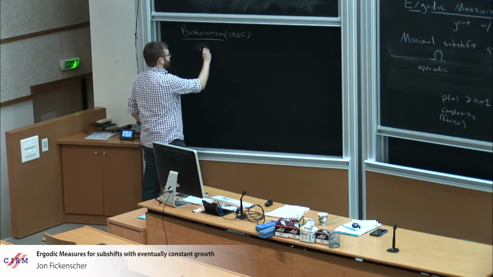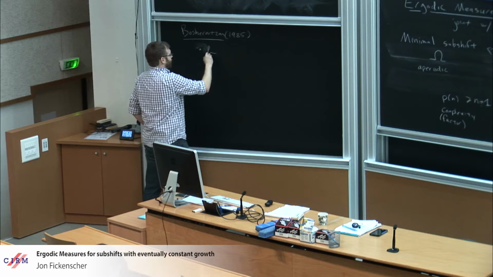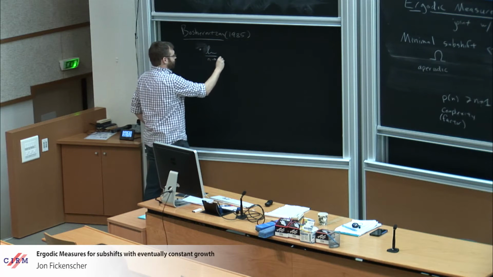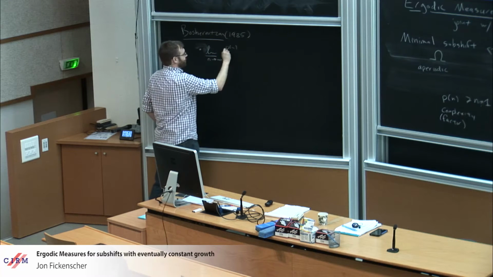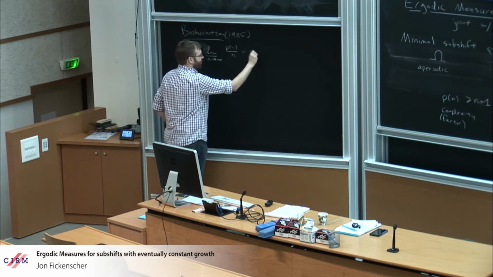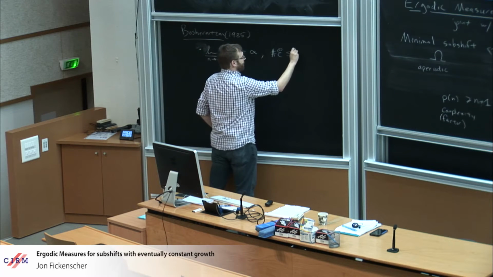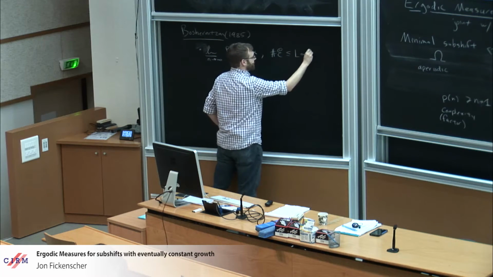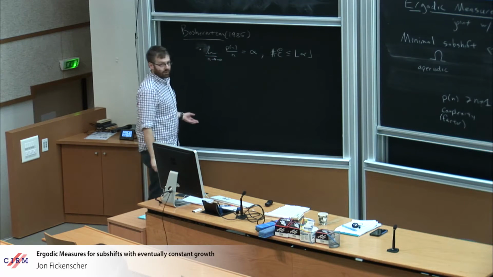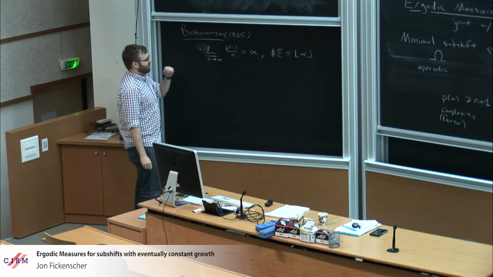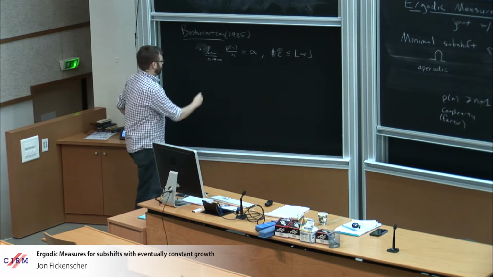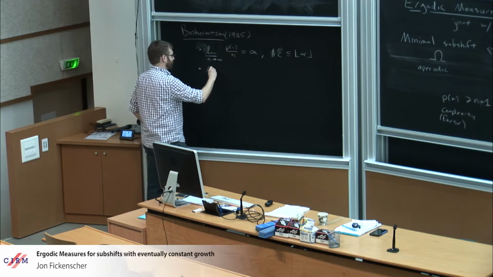He showed that if the lim inf of this ratio goes to a real number, then the number of ergodic measures is bounded from above by the floor of that value. So he showed that if you have this, you have a finite number of measures in particular.